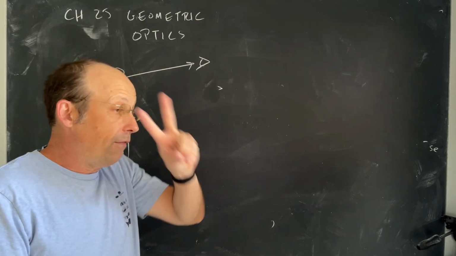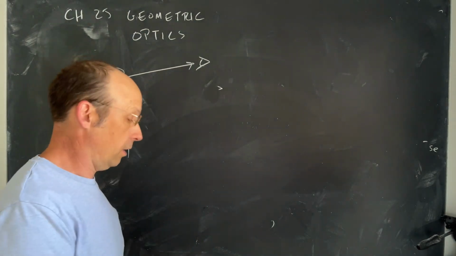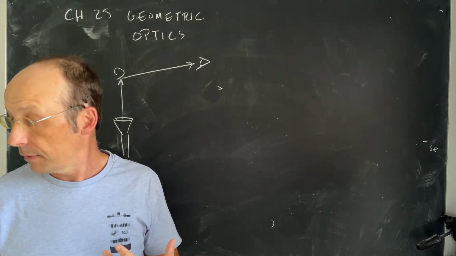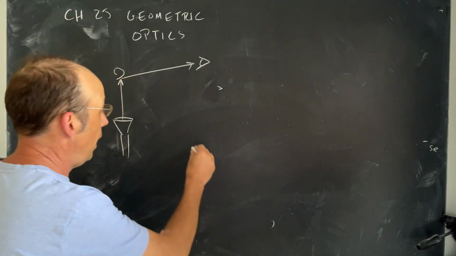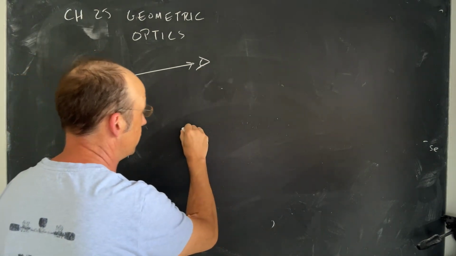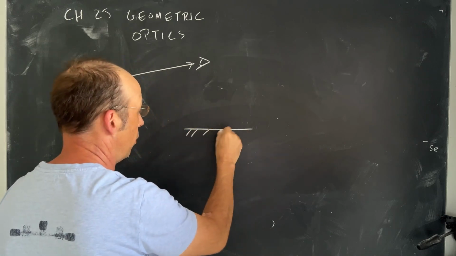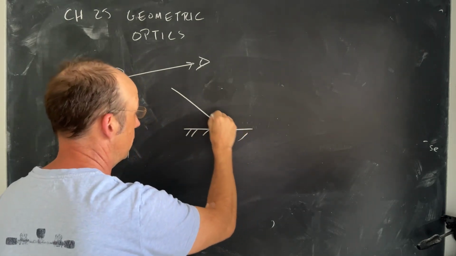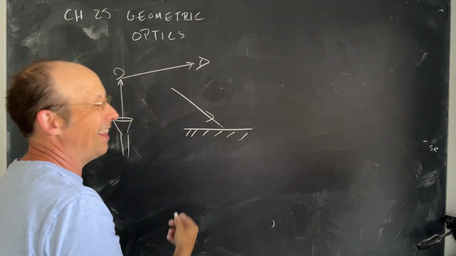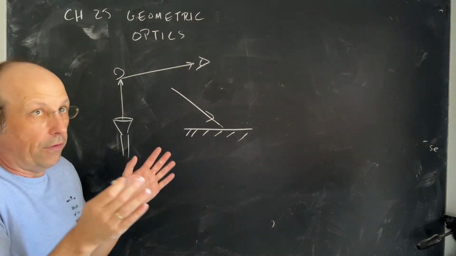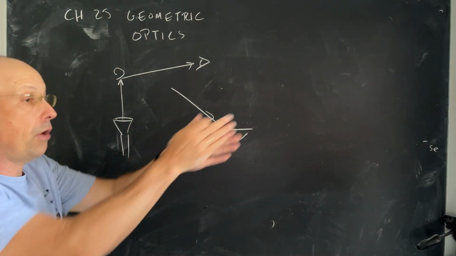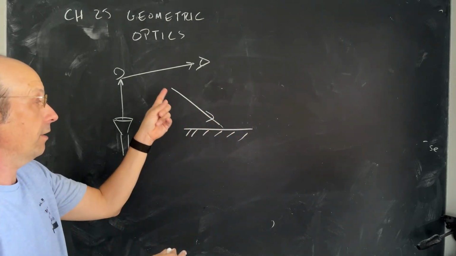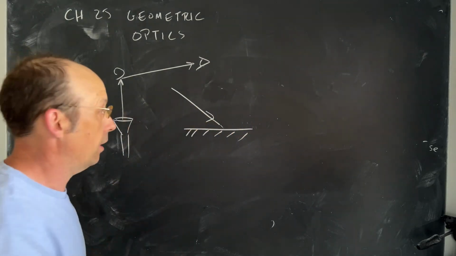Now we actually have two kinds of reflection. I didn't bring a mirror. That's weird. Okay. So we have reflection off of smooth surfaces, like a normal mirror. In this case, when light comes down, and I'm drawing a light ray. Remember, light is a wave, but we can represent the propagation of these waves with a ray.